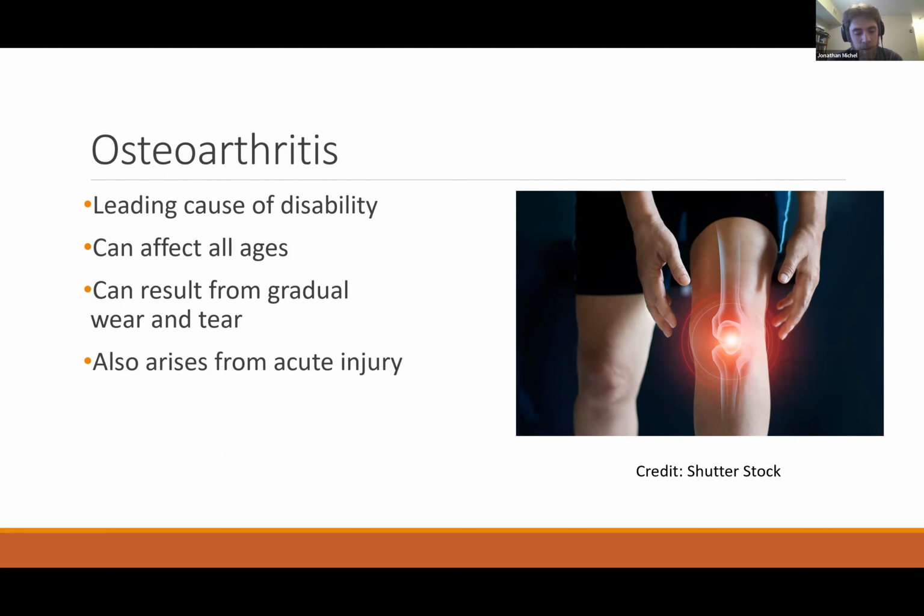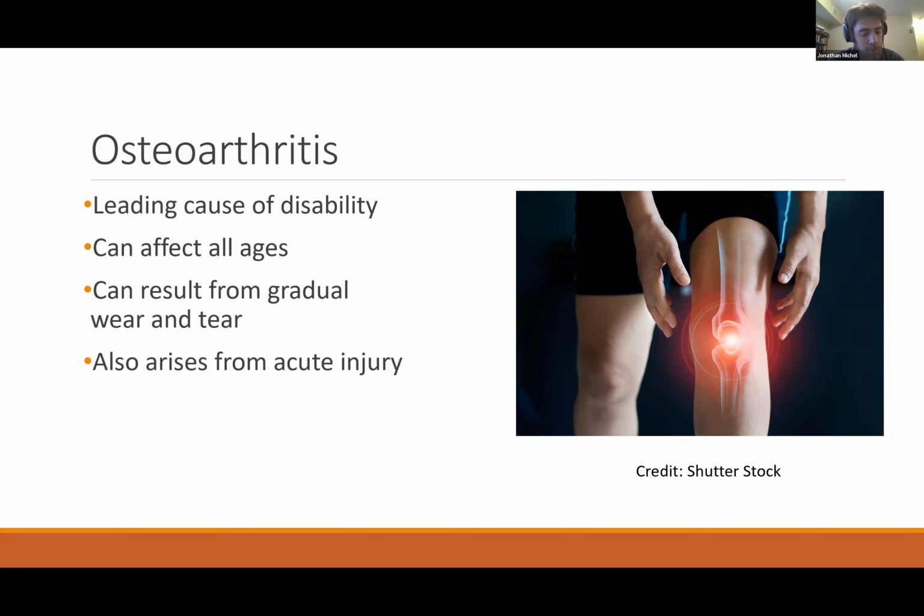And so it's desirable to understand how we might arrest the progression, how we might design savvier therapeutic interventions or better prostheses that more faithfully mimic native tissue, to restore mobility and quality of life to people who are afflicted.